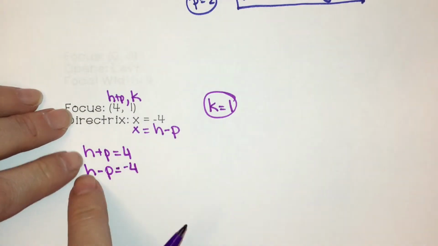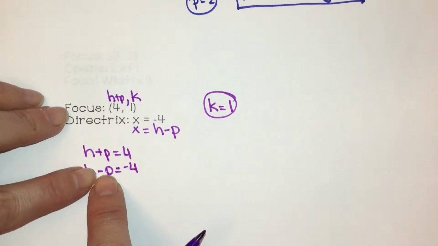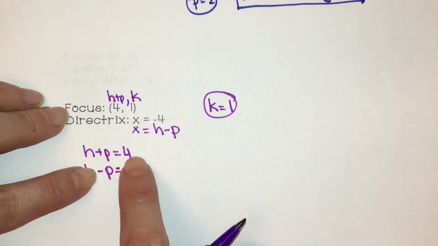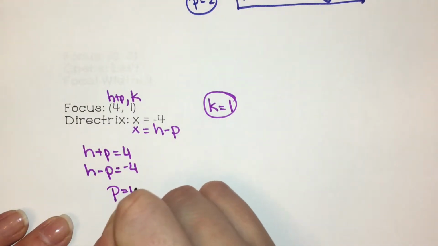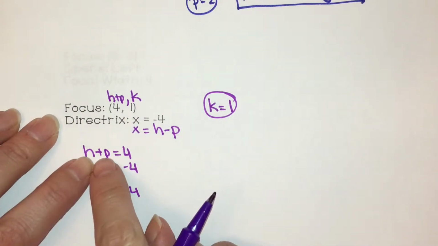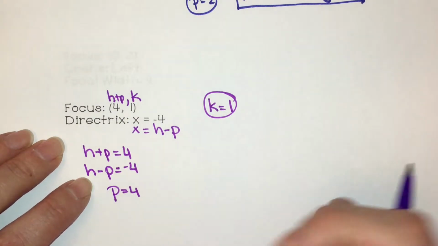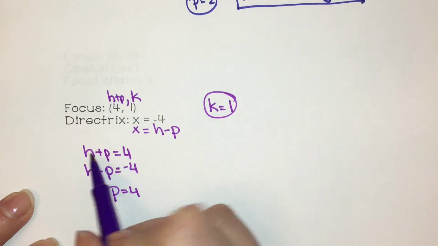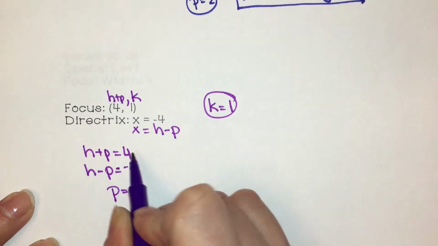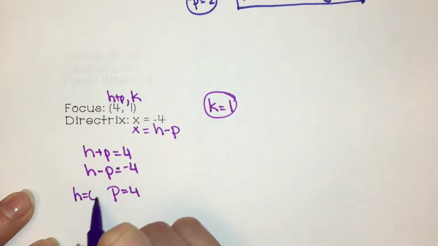If h is the same and the only thing that's different is the plus p and minus p, and my values are 4 and -4, I know p has to be 4. In this case, 0 plus 4 is 4, and 0 minus 4 is -4. So I know h is 0.